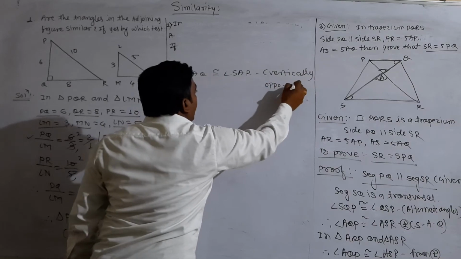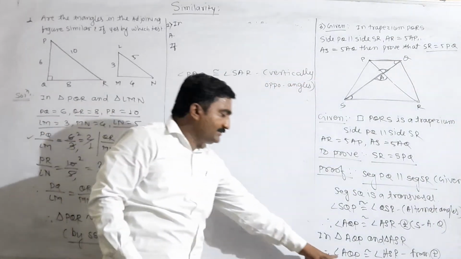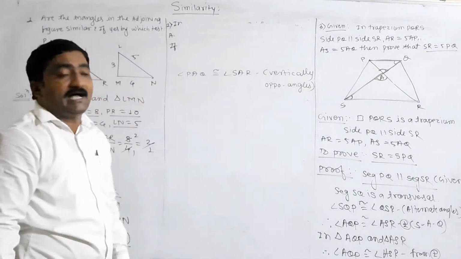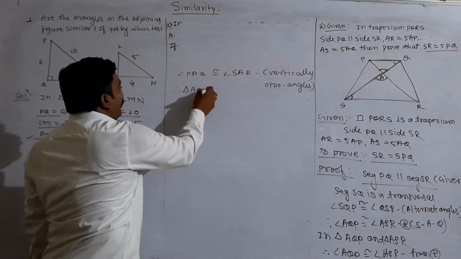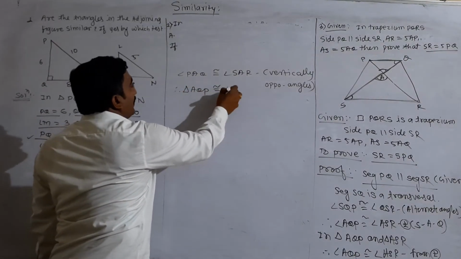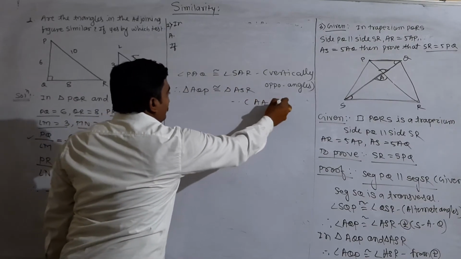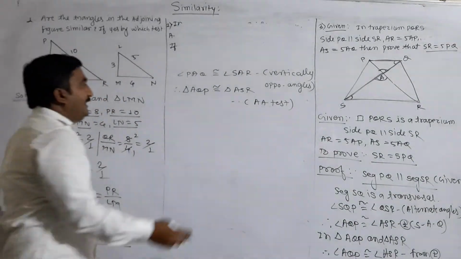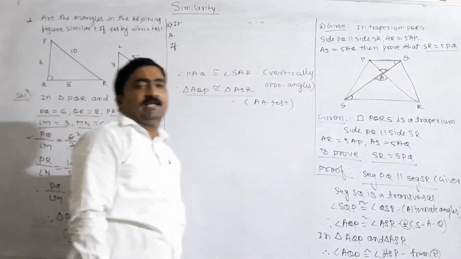We know that in two triangles, if two corresponding angles are congruent, then the triangles are similar. So triangle AQP is similar to triangle ASR by the AA test.